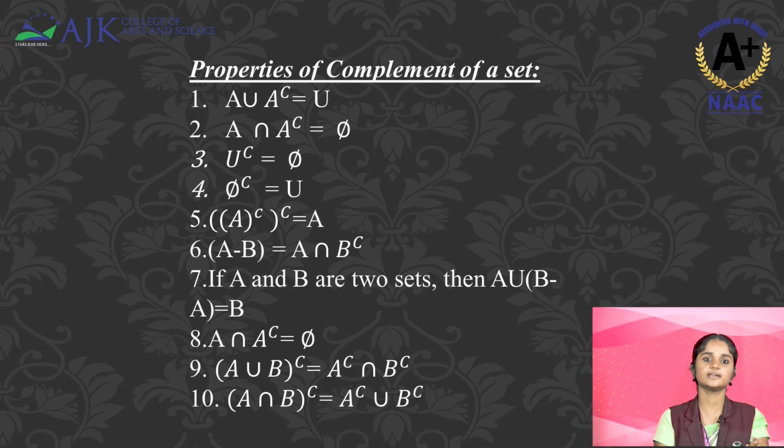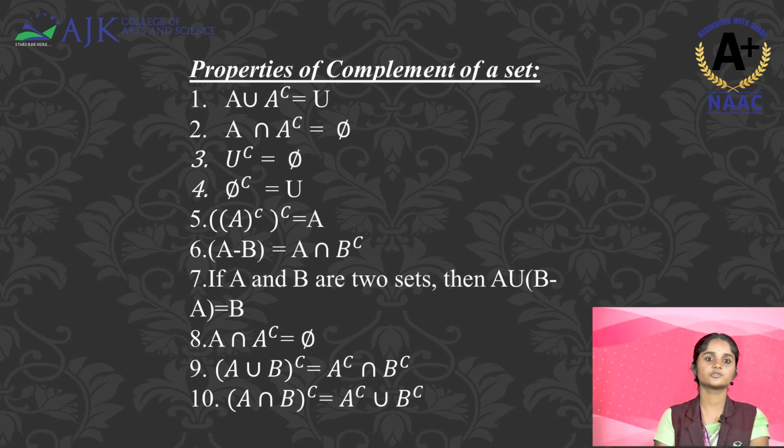So let's take the first circle as A and the second circle as B. Now we are going to find A union B. A union B means A and B need to be together, so the A part should be shaded fully and the B part should be shaded fully. This is called a union, which in simple words means set A and set B need to be colored fully in the Venn diagram.